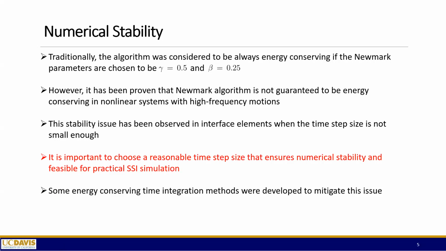Now, however, recently it has been proven that the Newmark algorithm is not always guaranteed to be energy conserving in nonlinear systems, especially when there are high frequency motions and other highly nonlinear, geometric nonlinear or material nonlinearities.